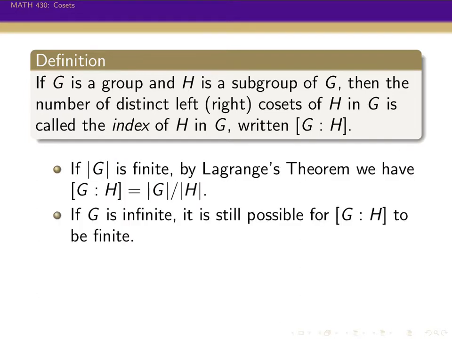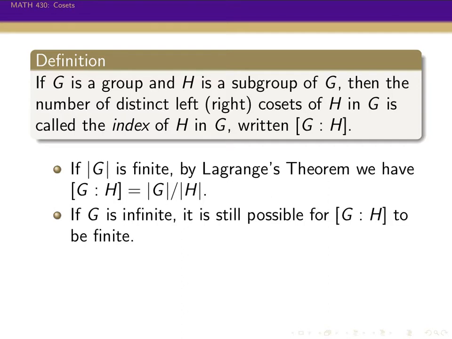So if G is finite, by Lagrange's theorem, the index, the number of distinct cosets, is equal to the order of G divided by the order of H. If G is infinite, then there's no nice Lagrange's theorem. You can have infinitely many cosets, and you could have infinite subgroups or finite subgroups.